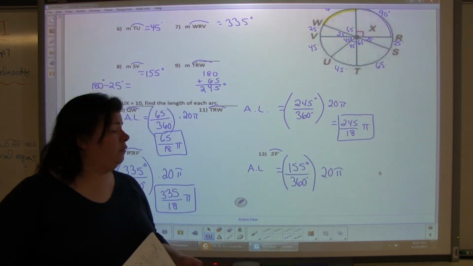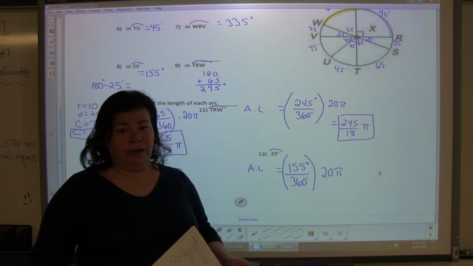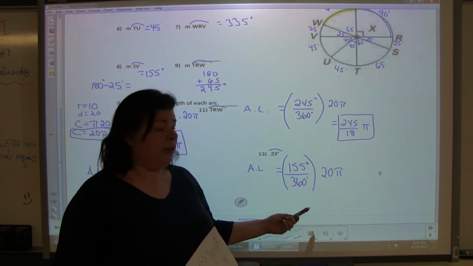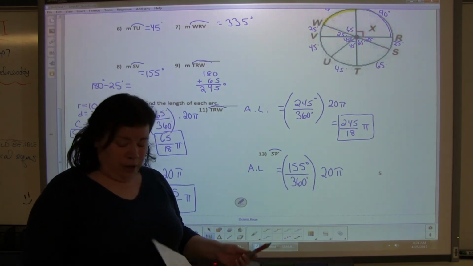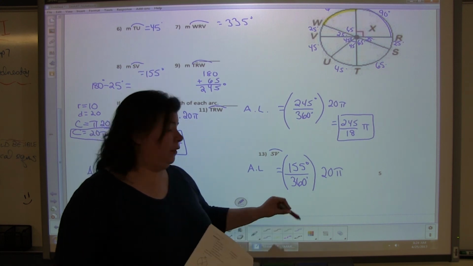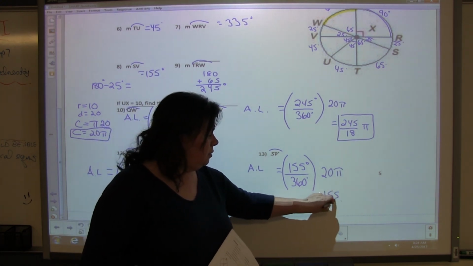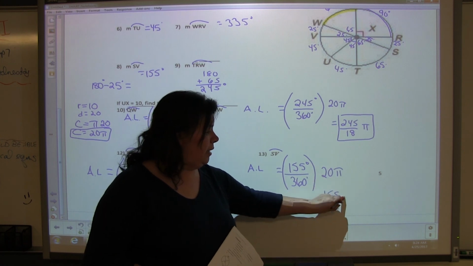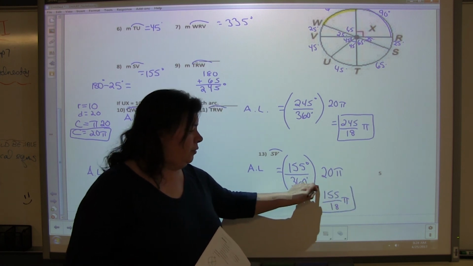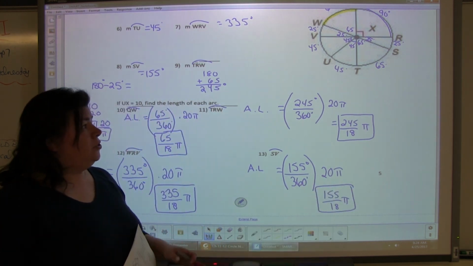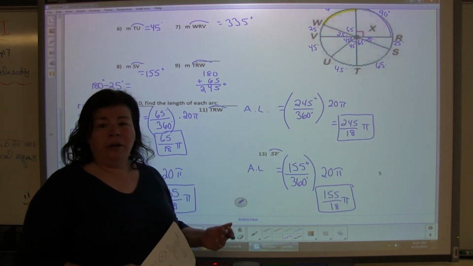So if you put 155/360 in your calculator, times it by 20, and then hit math, enter, enter, you're going to get 155/18. And then we're just going to go ahead and leave the pi in units again. Okay? So that's it for arc length.